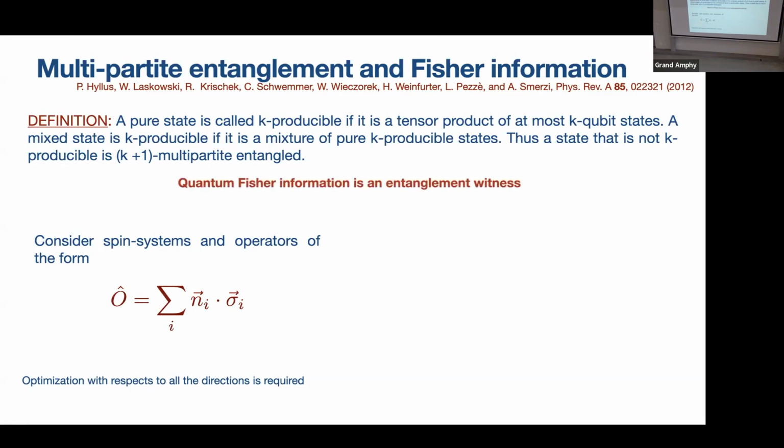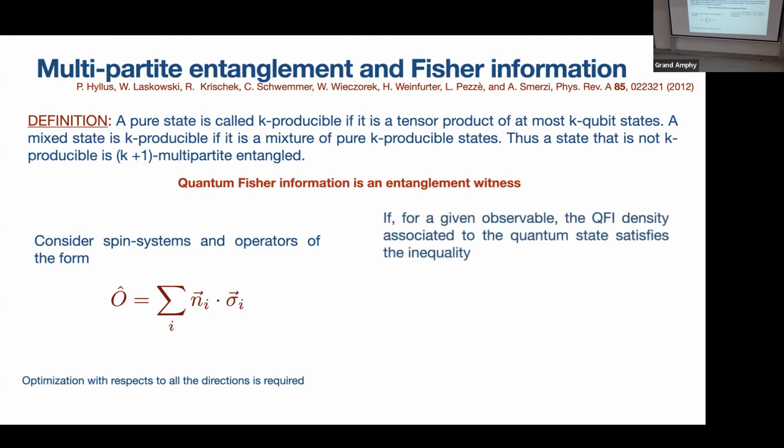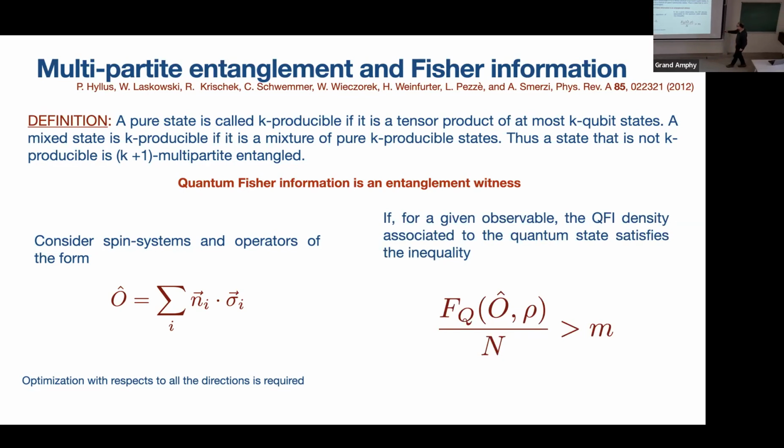In general, these people proved that if the quantum Fisher information on the state rho is larger than m, then you have m-partite entanglement.